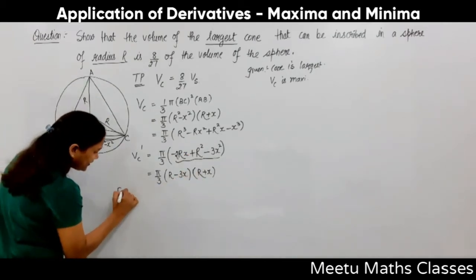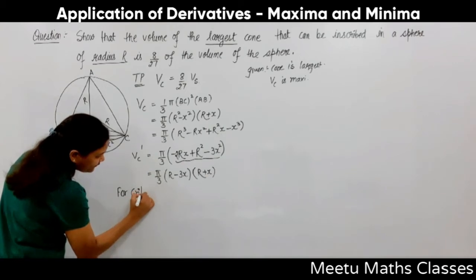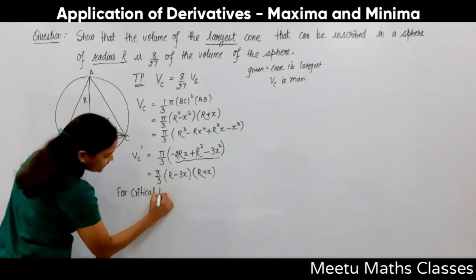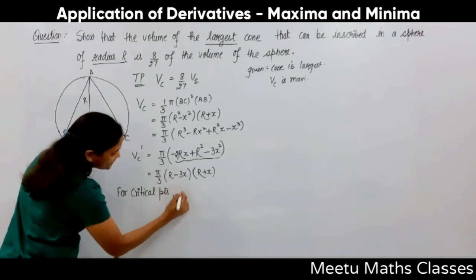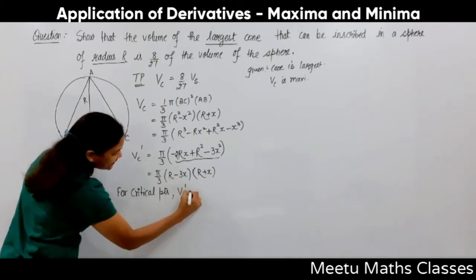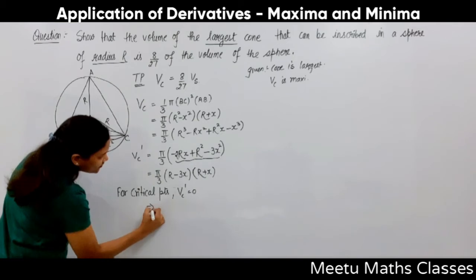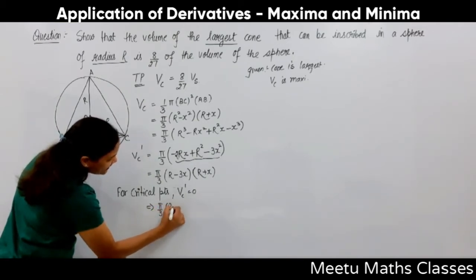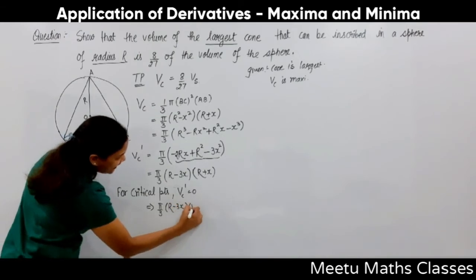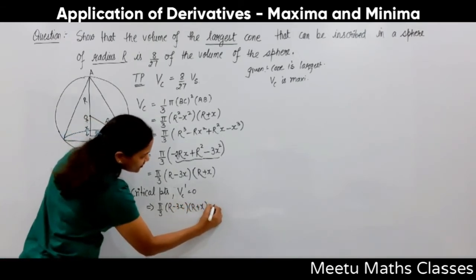So for critical points, we will put the first derivative equal to 0. So pi by 3 into r minus 3x and r plus x equals 0.